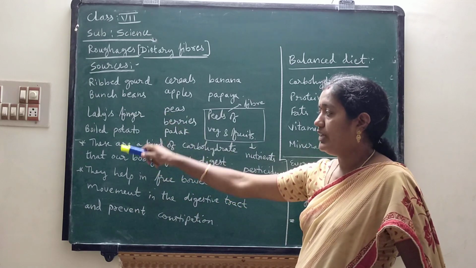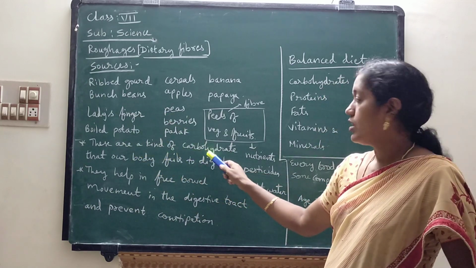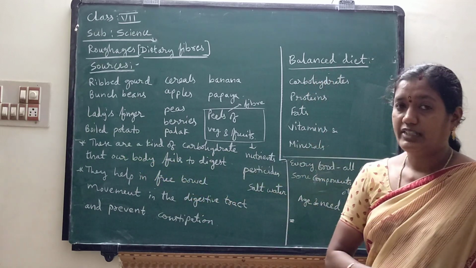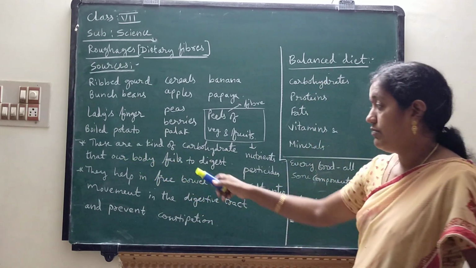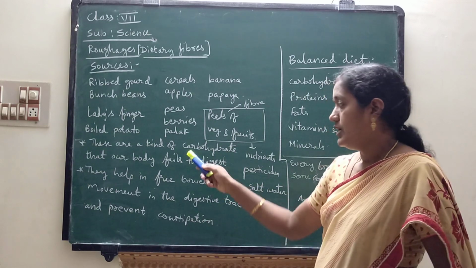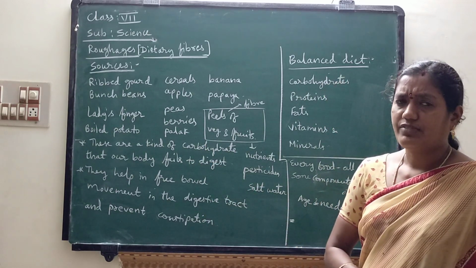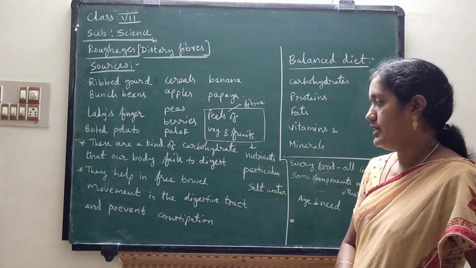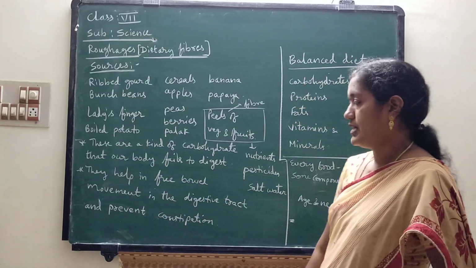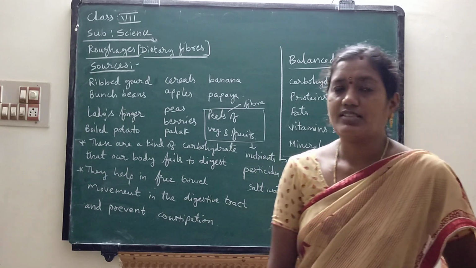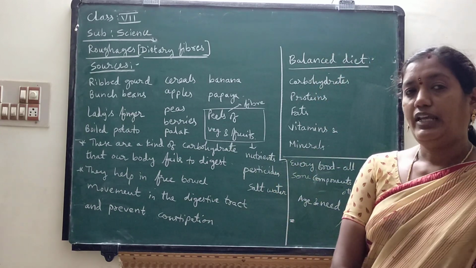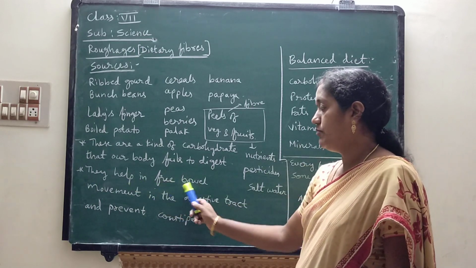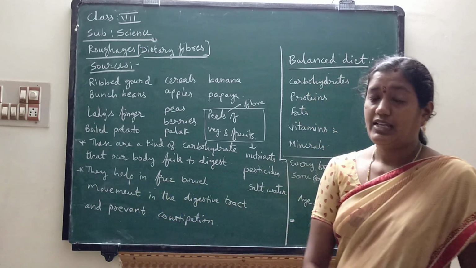So these roughages are also a kind of carbohydrate that our body fails to digest. It is very difficult for our body to digest it. And these roughages are very helpful in making the bowel movement free in the digestive tract.